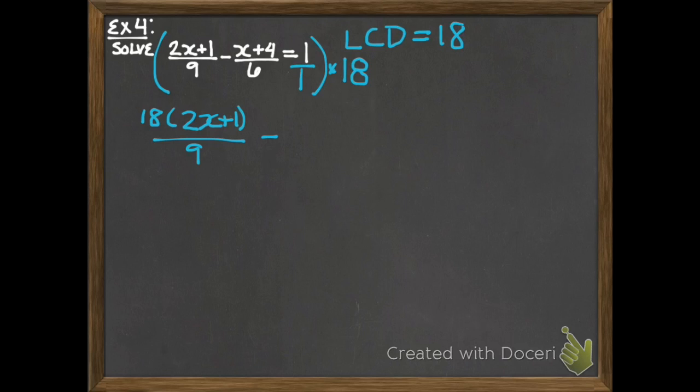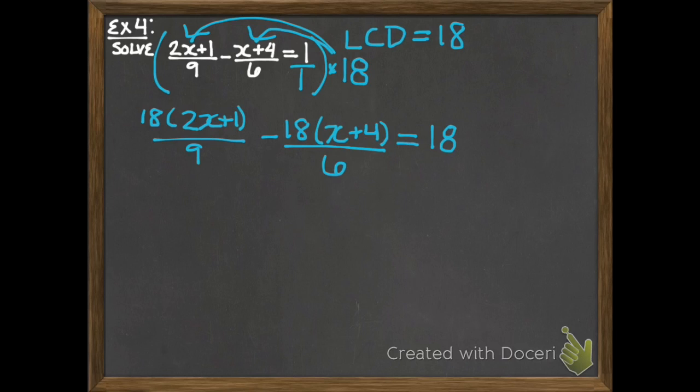And then I'm going to multiply the 18 by the second part of the left side of the equation, so 18 times the x plus 4 over 6. And then my right side, 18 times 1 is actually just 18.